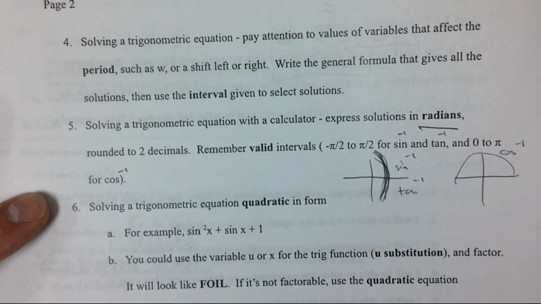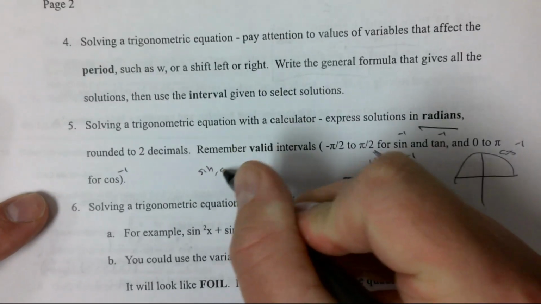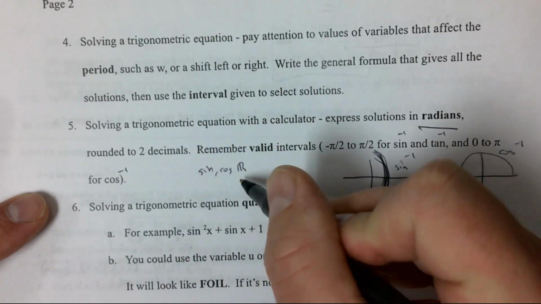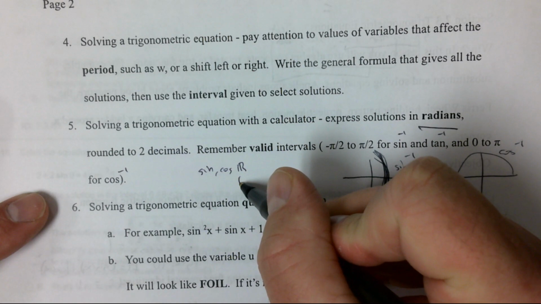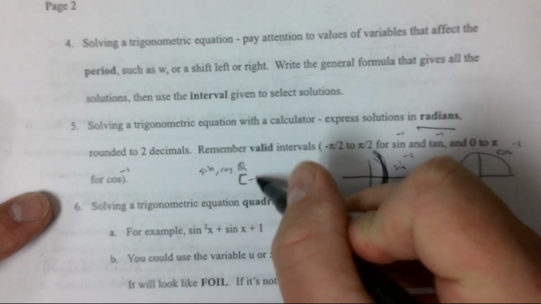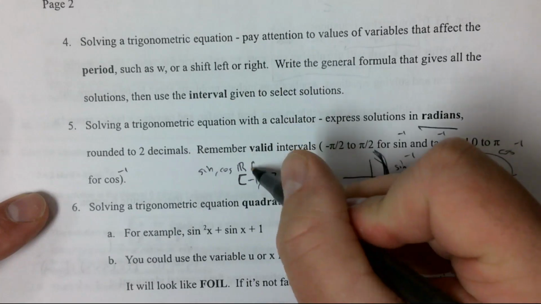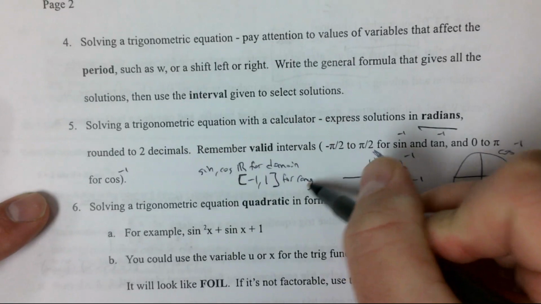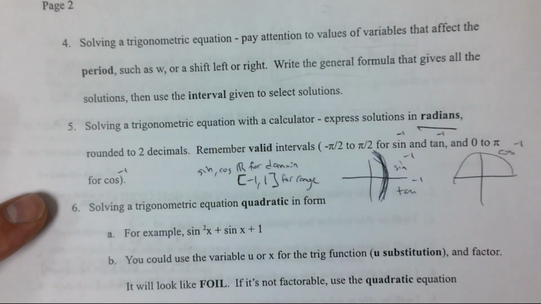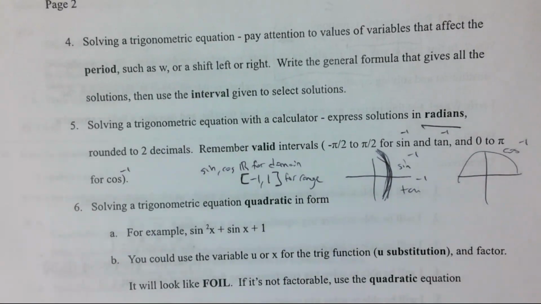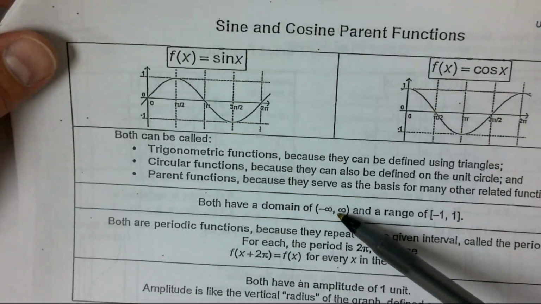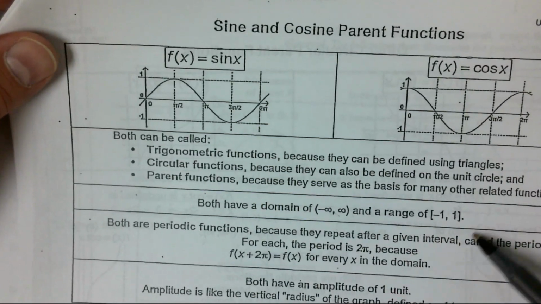Now, in general, remember we said sine and cosine were all real numbers for the domain, and bracket -1 to 1 for the range. And remember those properties are right here. Both have a domain of -infinity to infinity and a range of -1 to 1.